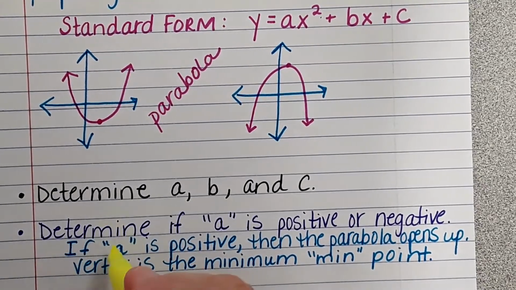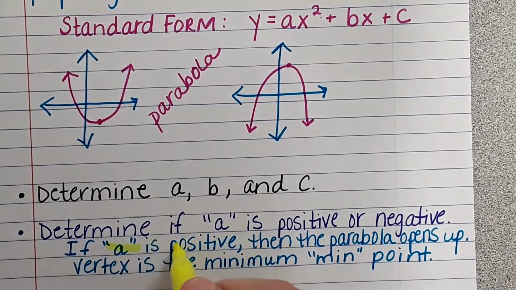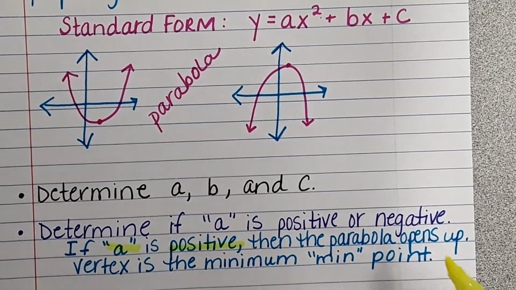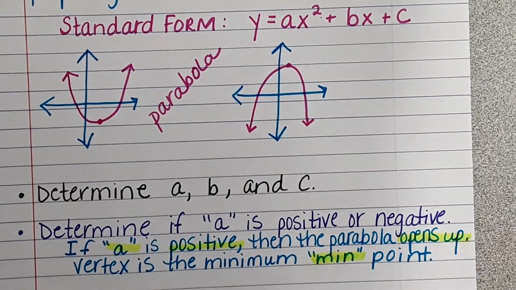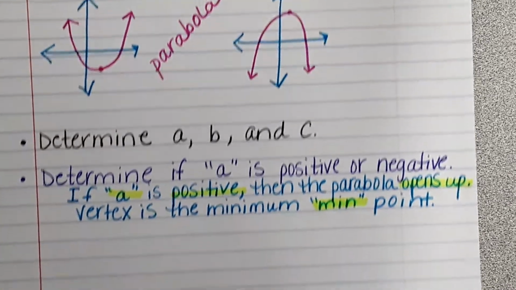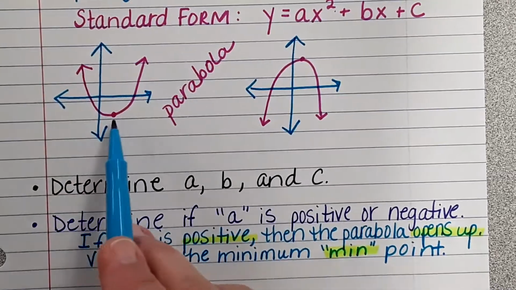So, if A is positive, the parabola opens up, and the vertex is the min point. Minimum means it's at the bottom of your graph. That's the lowest point on your graph, okay? So it would look like this.